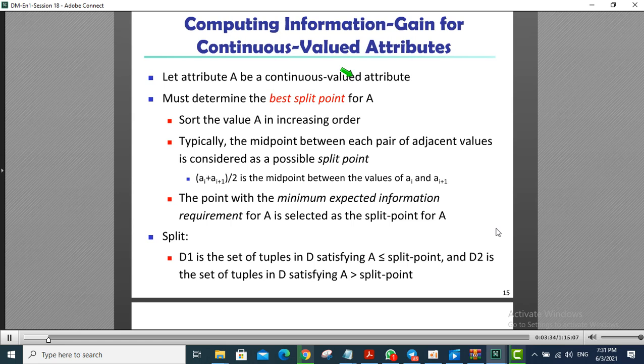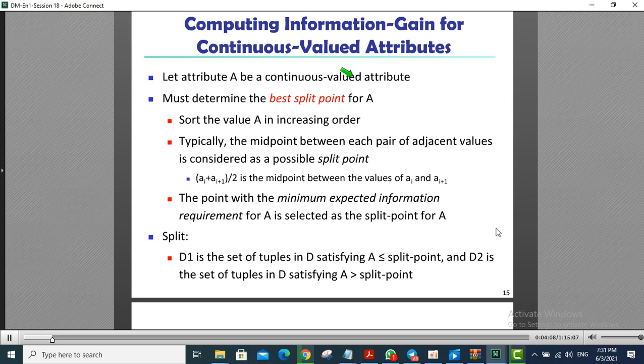When we are talking about nominal attributes or interval attributes, or attributes that have some categories in their values, we can easily use information gain and act based on those groups.